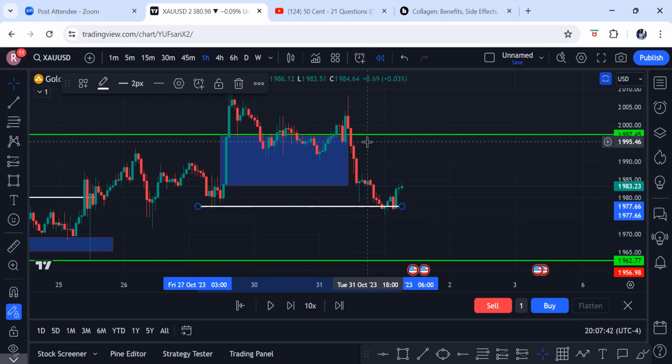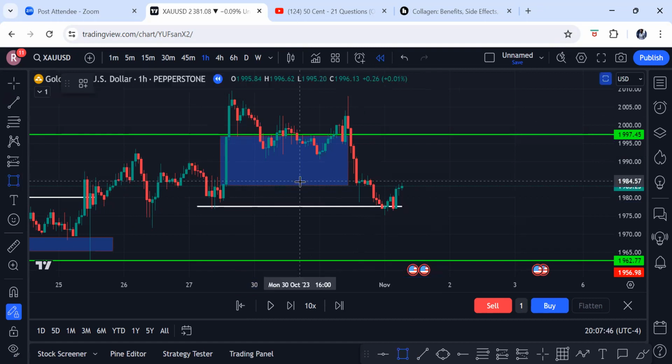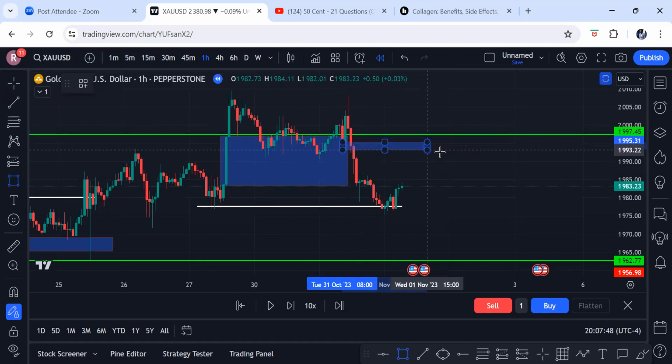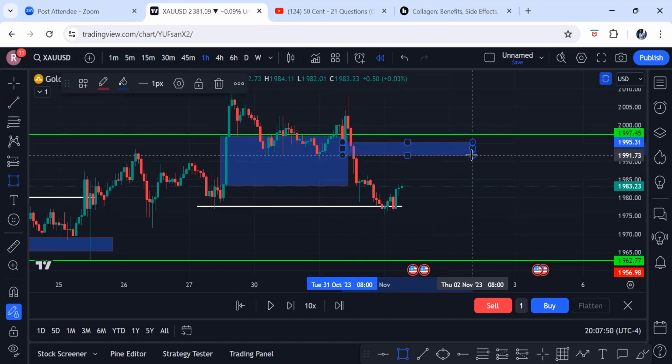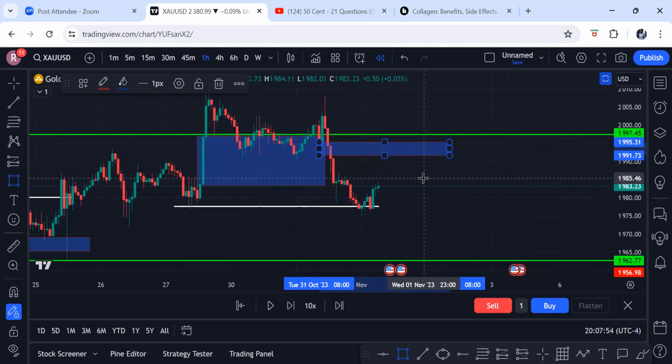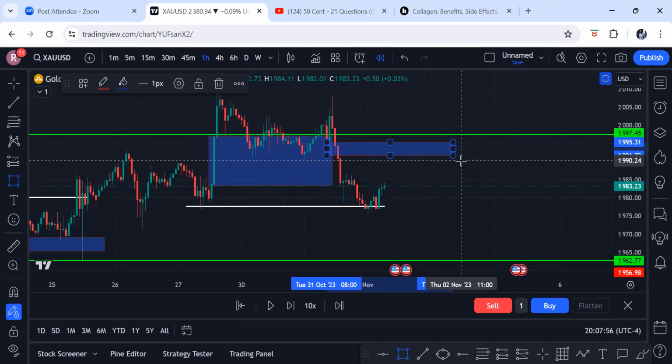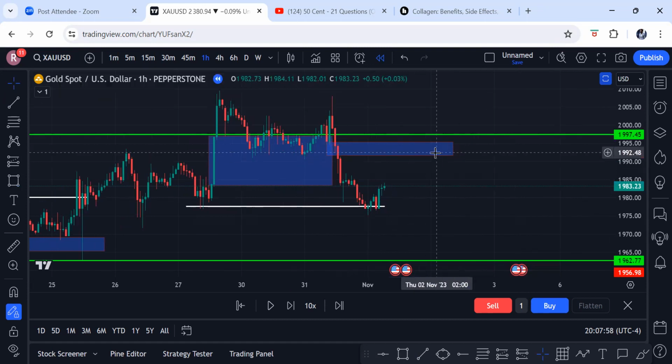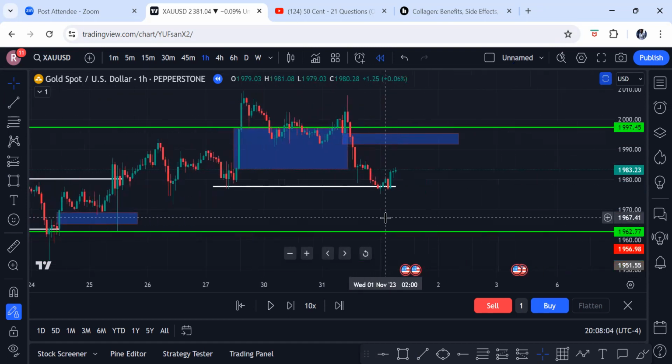Well, yeah, so we could look in this area right here. You can see what happens if price respects that. Boom, we could then come lower.